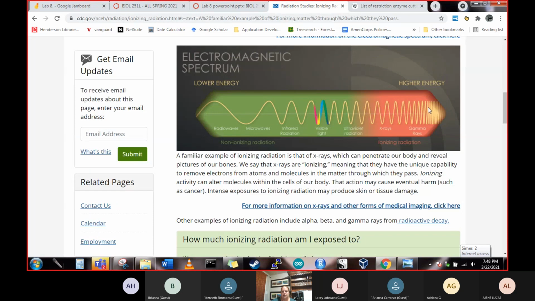So you can think of radiation as all the wavelengths of light, where visible light is what we see here. And then the low energy radio waves, microwaves, infrared. Up here at the high end is your ionizing radiation. These are going to be your X-rays, your gamma rays, really high energy light waves.